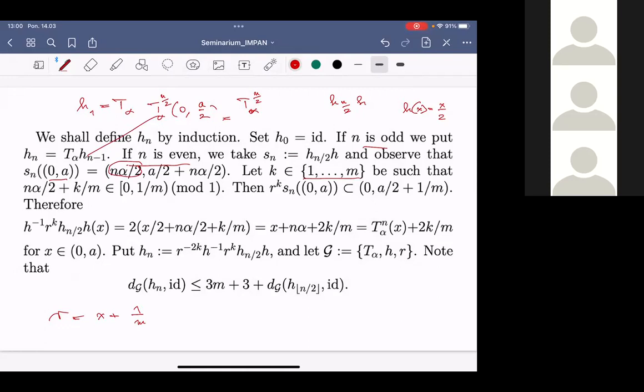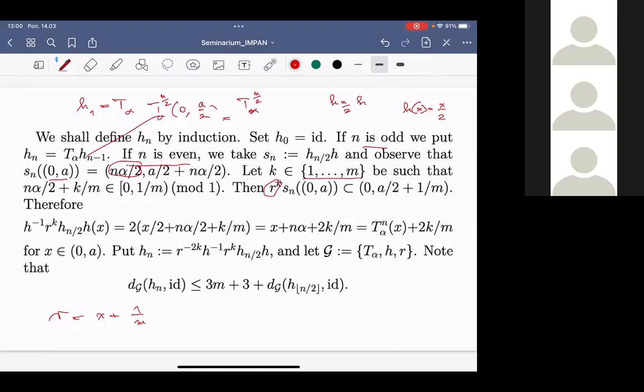We shift this using R to the power k. So k times using this shift, we moved this to the interval from 0 to 1 over m.